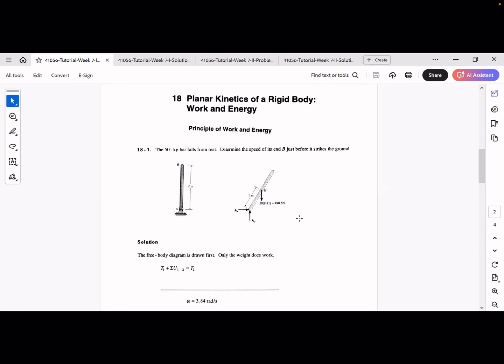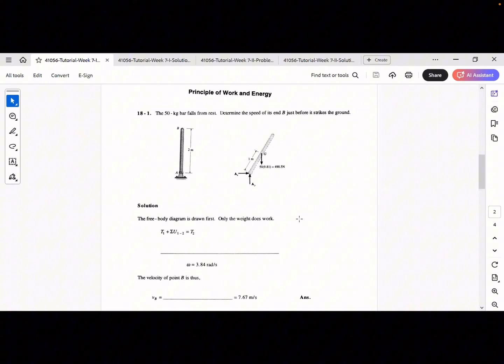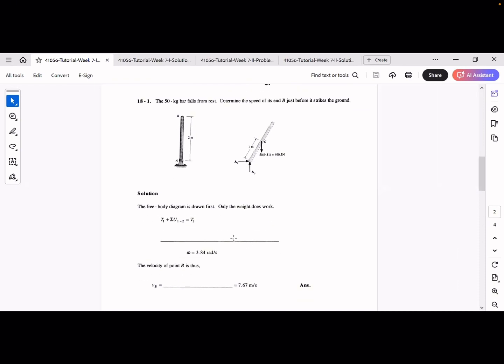Obviously, we need to sketch the free body diagram. It is shown here. I would have Ax and Ay, and I would also have the weight of the bar, which is 50 times 9.81.